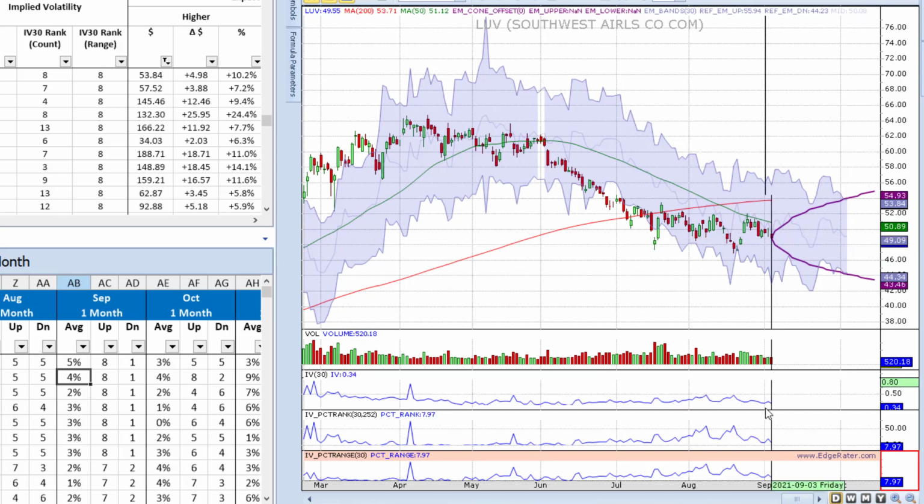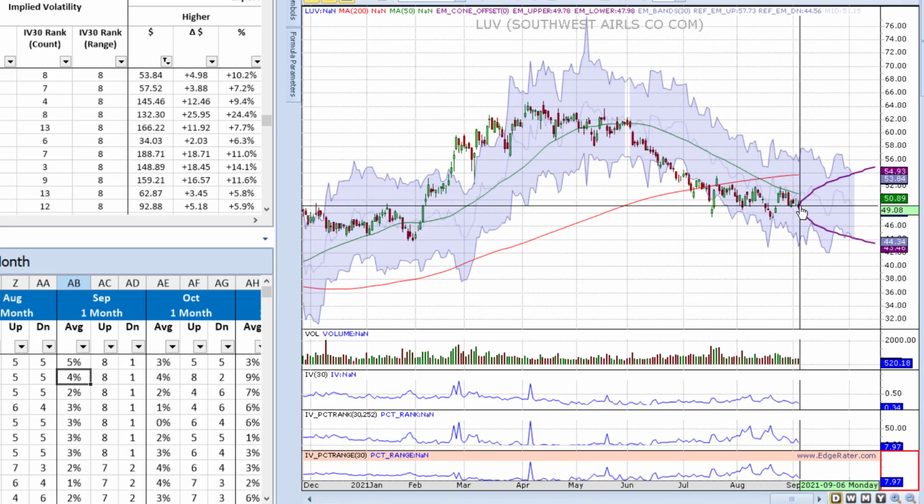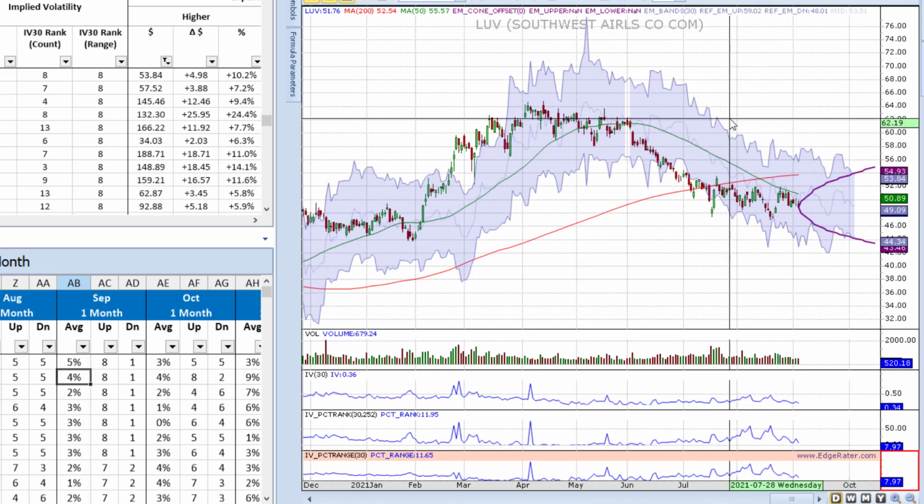In either case, you're getting a good price for your call or your put because it is in the lowest 8th percentile that it's been for the entire year. So not a bad trade based on implied volatility. Of course, you have to decide which direction you think it's going to go.